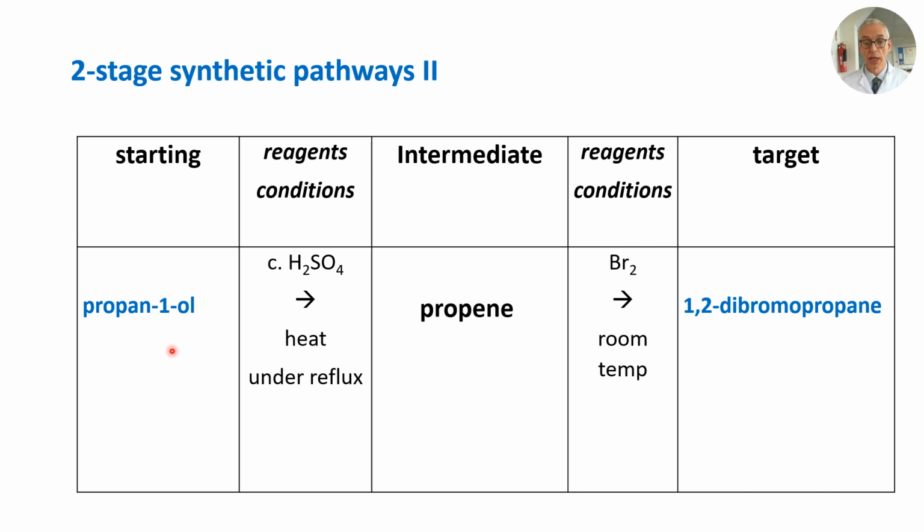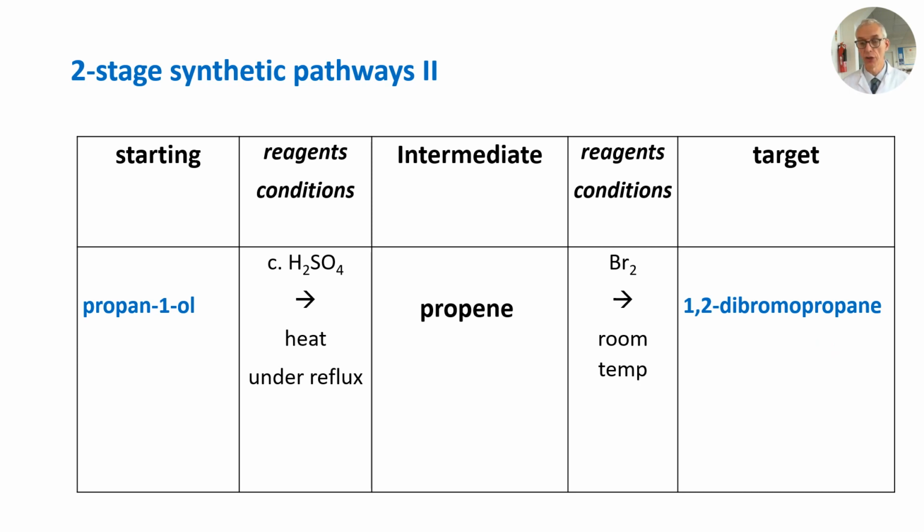Once again, I'm going to dehydrate propan 1-ol into propene, but rather than adding water as in problem 1, I'm going to add bromine, Br2, at room temperature to form 1,2-dibromopropane.